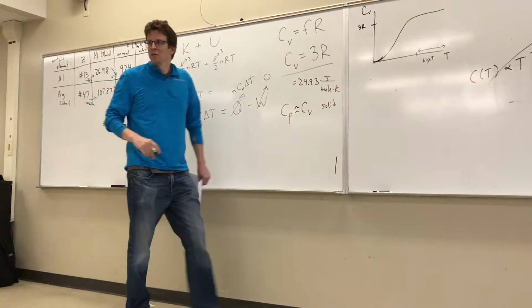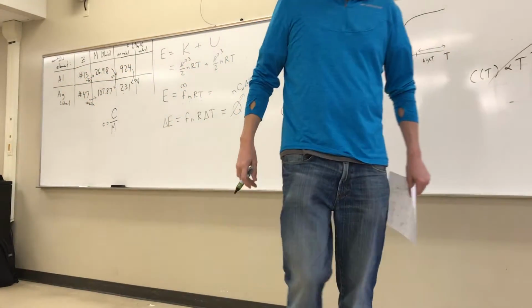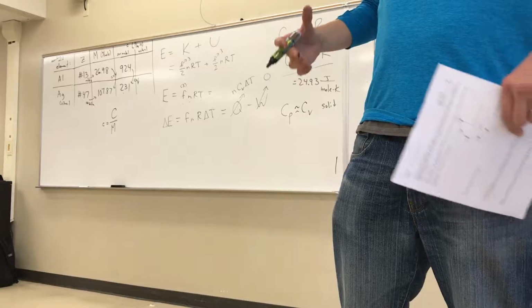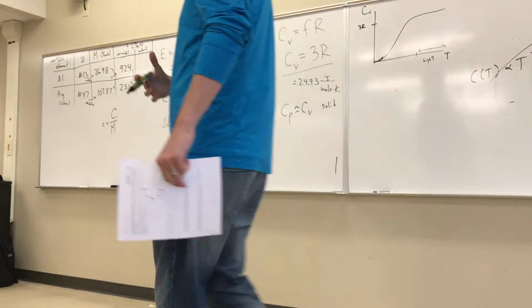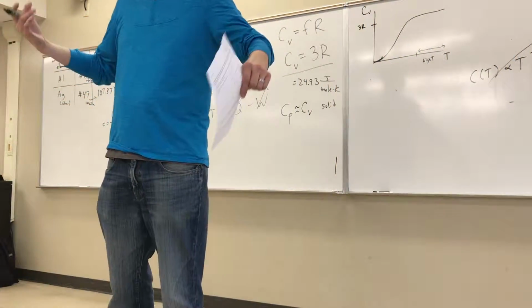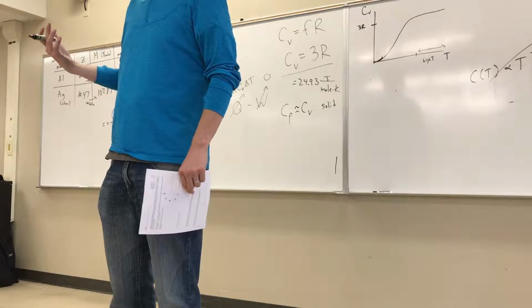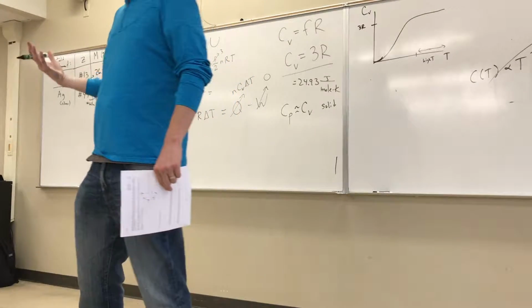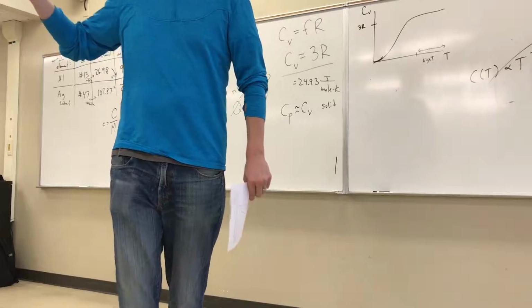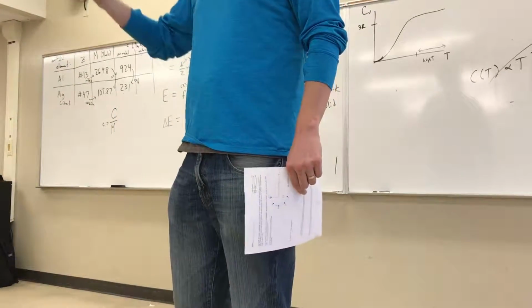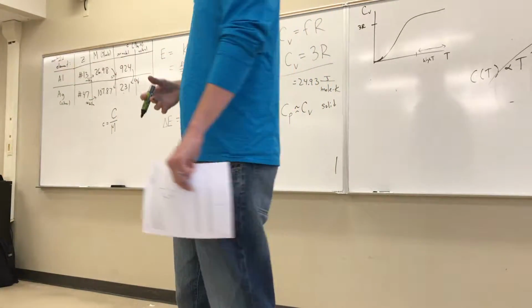Now, what are the actual values? Well, these, I don't have to go to some CRC or the web or some other source. These are literally on your table. On your data page, there is a list of specific heat capacities for several solids and liquids, including these two.